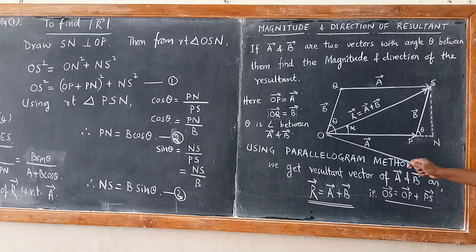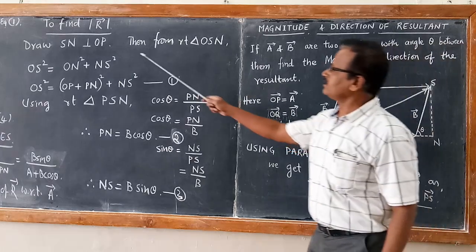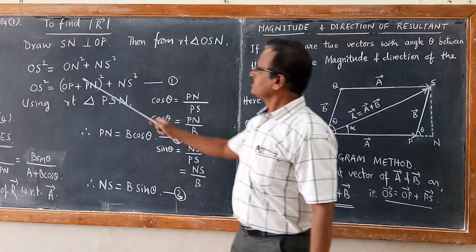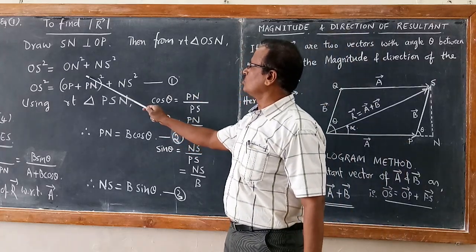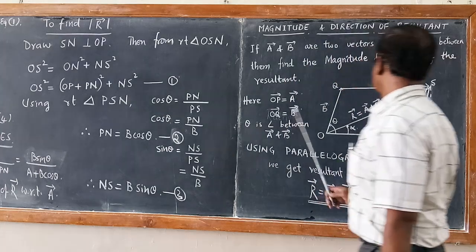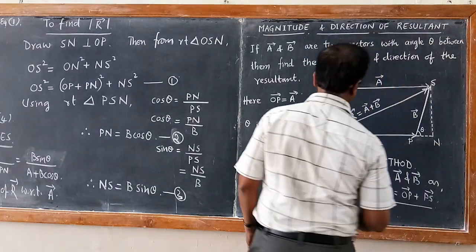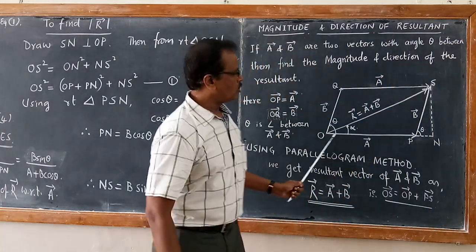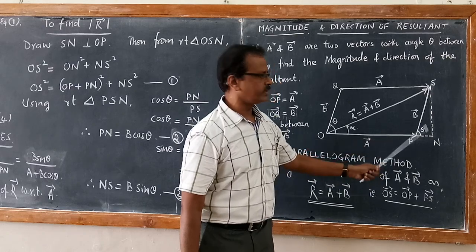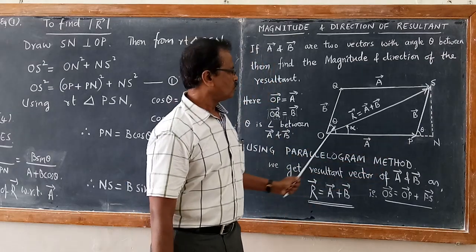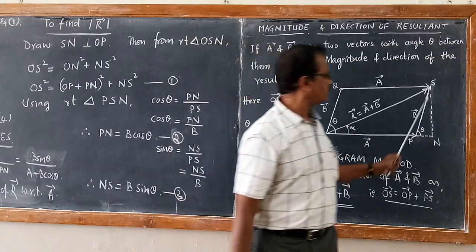Now using the right angle triangle OSN, OS square is equal to ON square plus NS square, by the Pythagoras theorem.